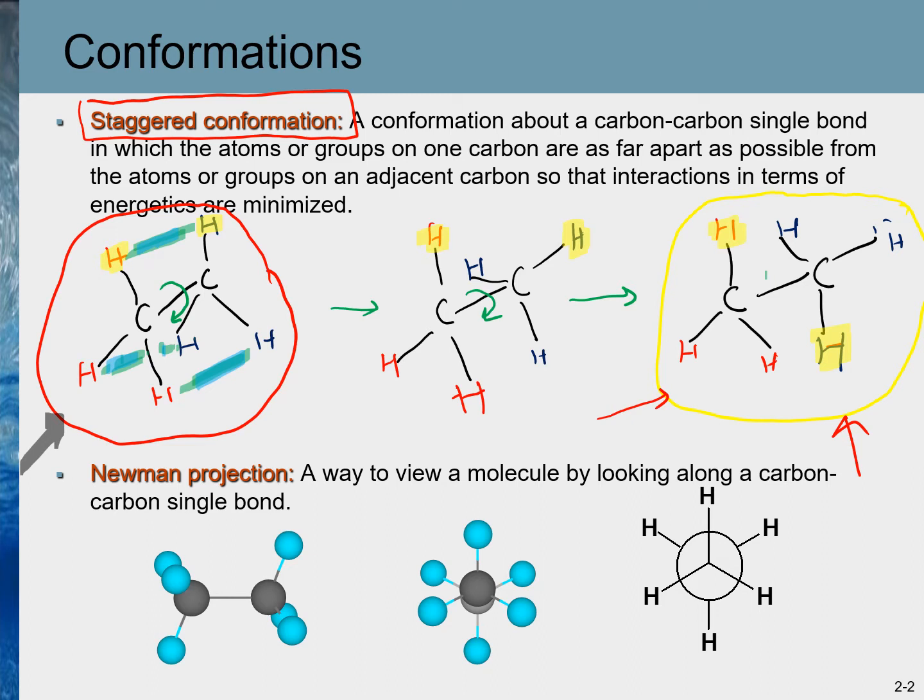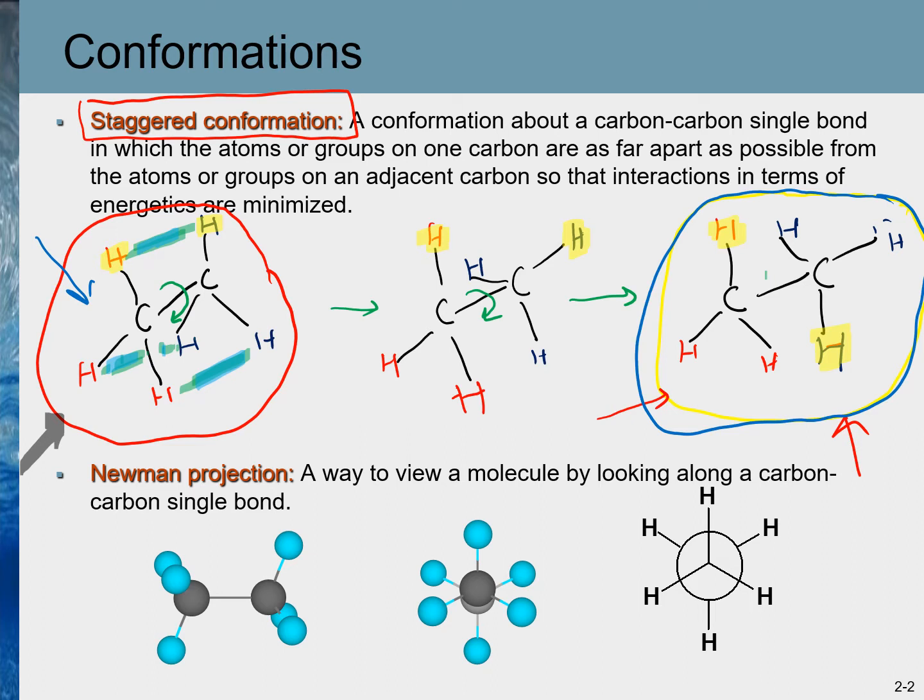This conformation is known as eclipsed conformation, and we will talk more about it in the next slide, but let's focus on the staggered conformation. Staggered conformation is the most stable conformation of alkane because the hydrogens are as far apart as possible.